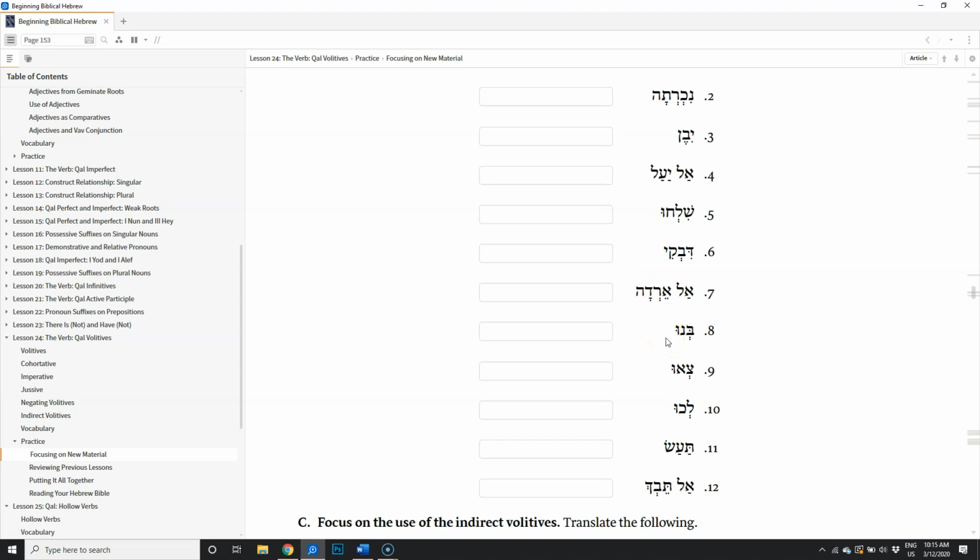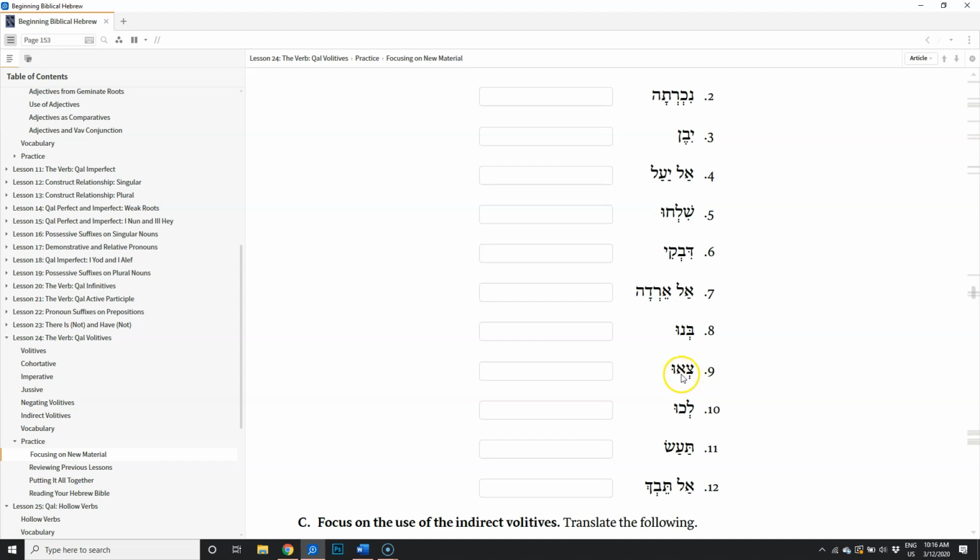Here we've got a pretty simple imperative. This has no prefix. Shureq indicates 2MP, Banu, from Bana. And then here we've got, this is going to be an imperative. No prefix. The prefix would have been Yetse. The full word would have been Yetse in 3MS.